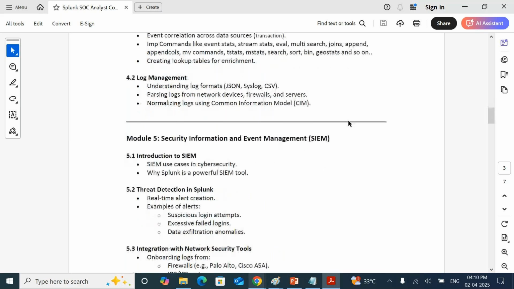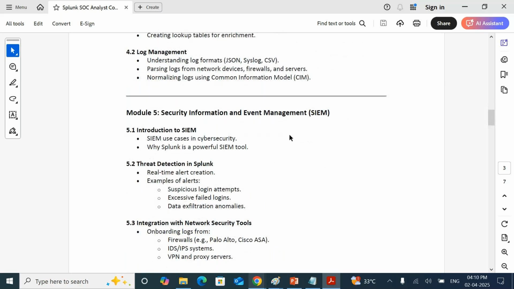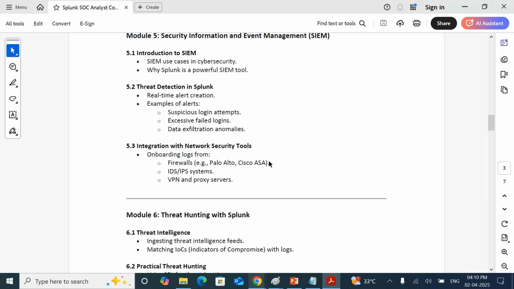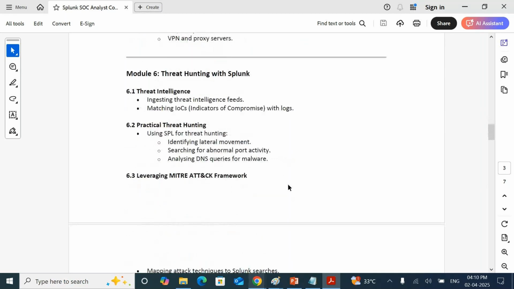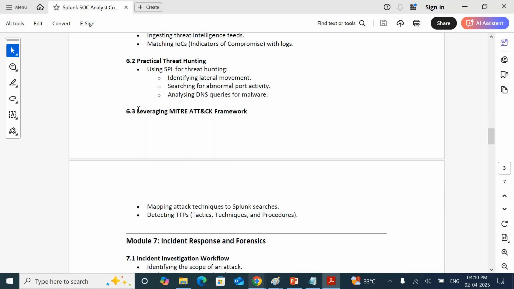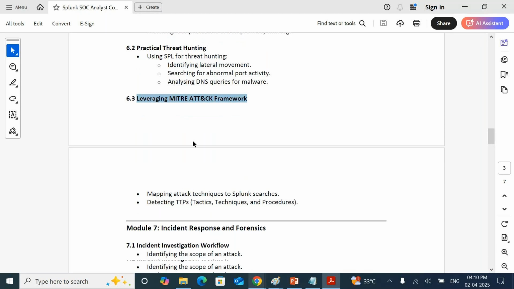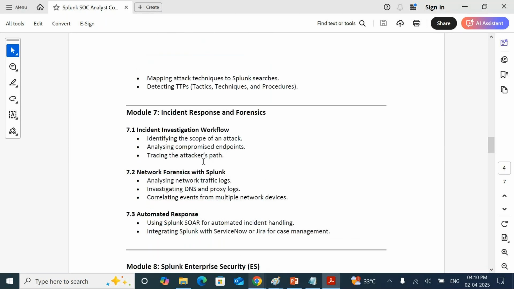Coming to the SIEM tools, we are going to cover Splunk, as well as IBM QRadar and ELK, sharing the necessary information on those tools. The major one we are going to cover is Splunk only. We can do threat hunting with Splunk, and leverage frameworks like MITRE ATT&CK, and also incident response and forensic investigations.